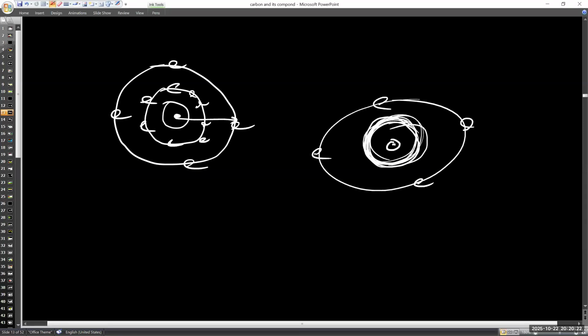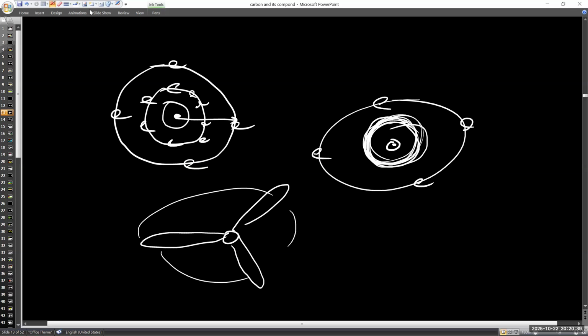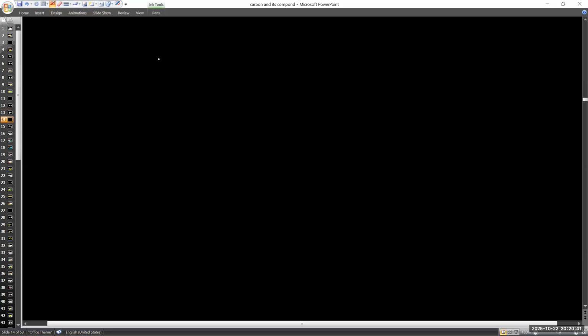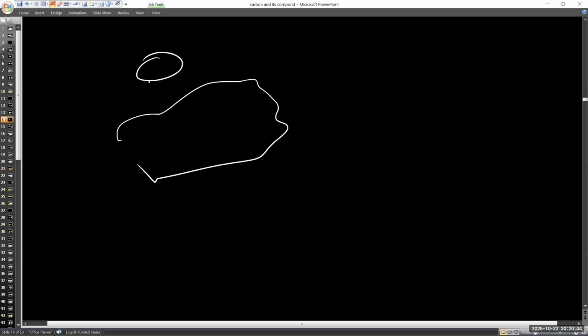Are you getting the point? The inner electrons shield the nucleus, like a fan blade: when the fan blade rotates, the roof is not visible. Or similarly, when there is sunshine and we have clouds, the sun's brightness or heat is not coming directly to the surface of the earth, or we are not able to face so much heat, because the clouds are coming in between.